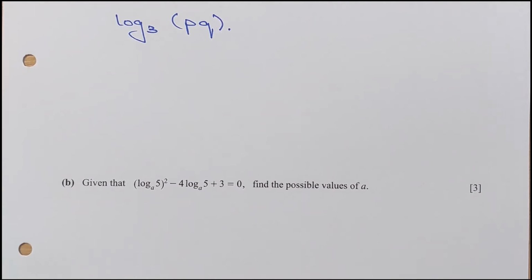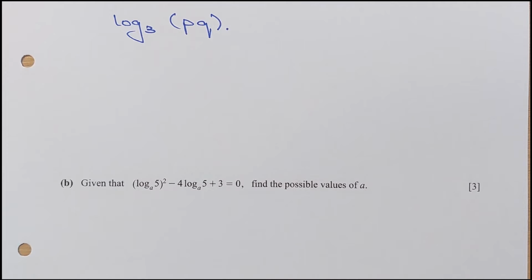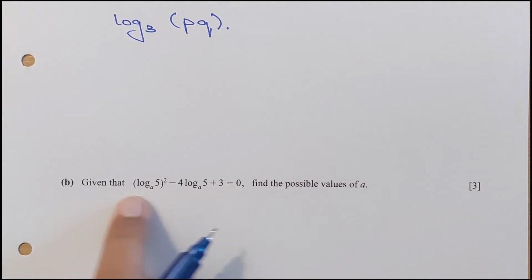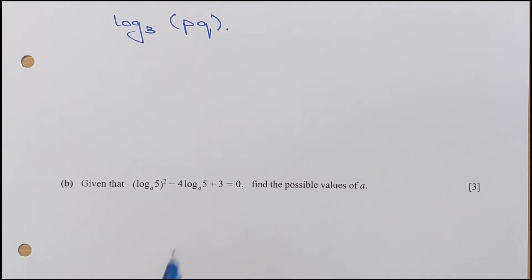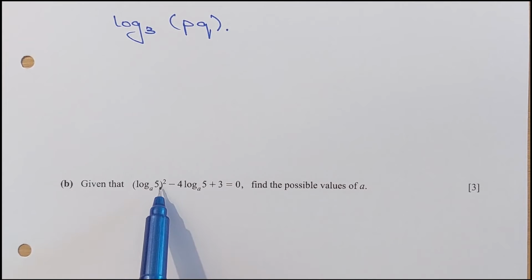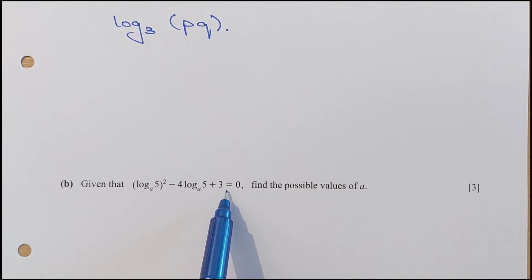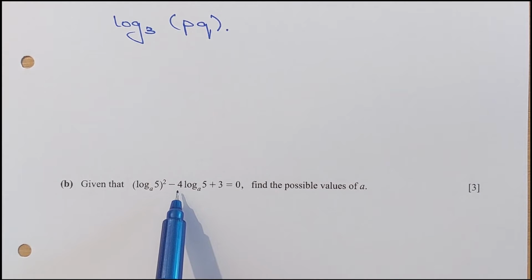Now for part B, given that this is the equation, find the possible values of a. Okay, so we have to basically simplify this equation and solve for a. It looks like a quadratic in log base a of 5. Factorizing, we need two numbers that multiply to 3 and add to -4, which are -1 and -3.